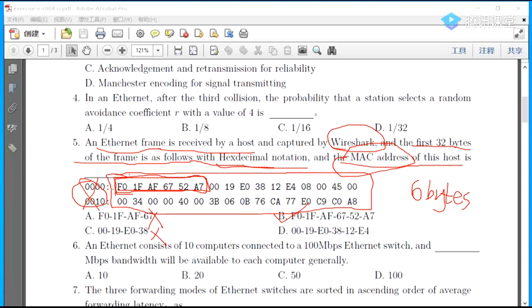This is the destination address. This is the source address. DST is the destination address, and SRC is the source MAC address. So the MAC address of this host is the same as the destination address. So this frame is received by the host, right? So the answer is B.